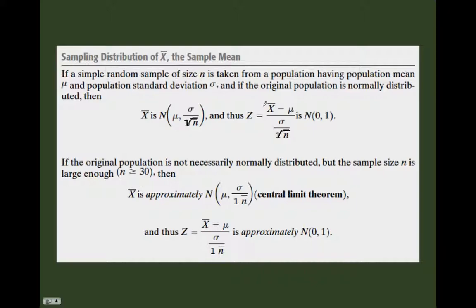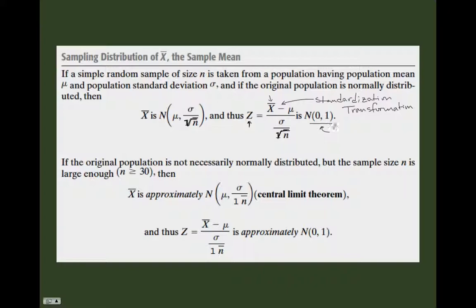But in any case, notice that we have the standardization transformation. The focus of this lecture is on standardizing the sample mean. So here's yet another form of this transformation, because now mu is being subtracted from X bar here instead of X. Yet the transformation still leaves a standard score, or a standardized value, for the sample mean.